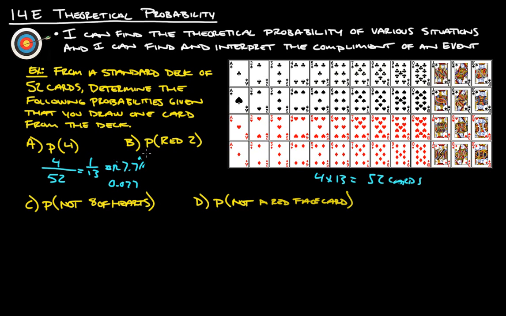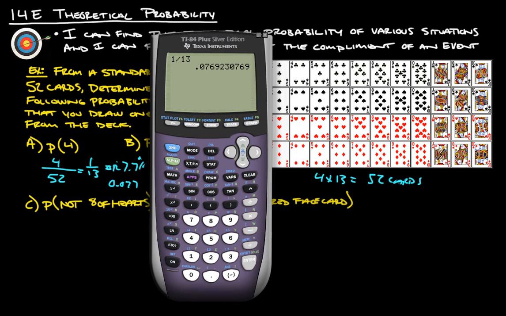Probability of a red 2. Again, there are 2 red 2s out of 52 cards, which is 1 out of 26.